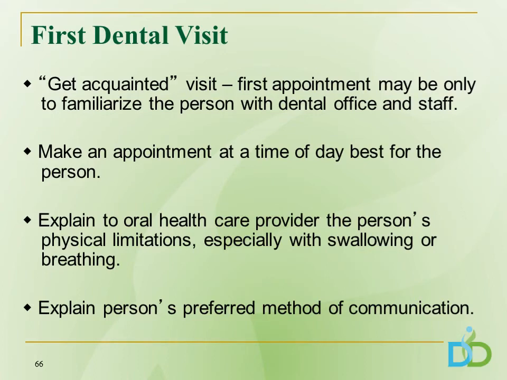The caregiver should be able to explain the individual's physical limitation to the dental provider, such as maybe telling the dentist that there's a risk of breathing objects into the windpipe, also known as aspiration, or the suggestions for transferring them from the wheelchair into the dental chair to make it smoother and less likely for any discomfort.